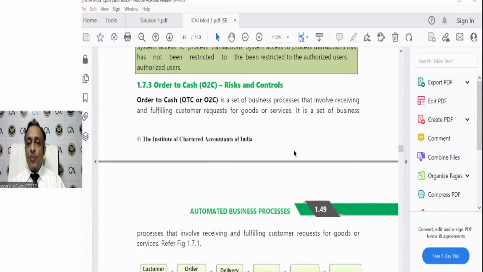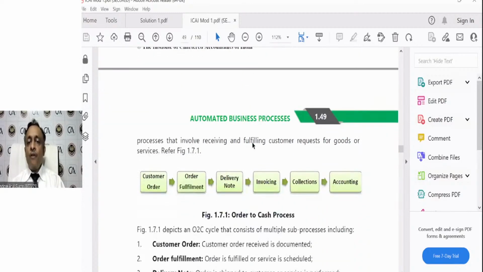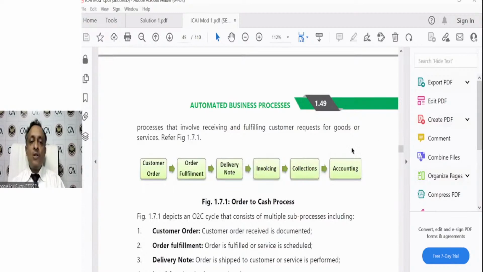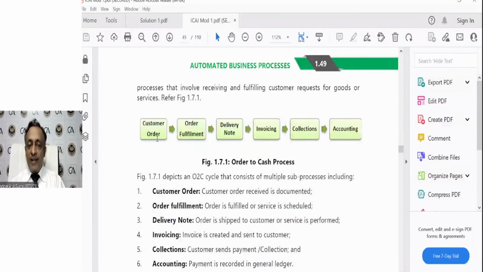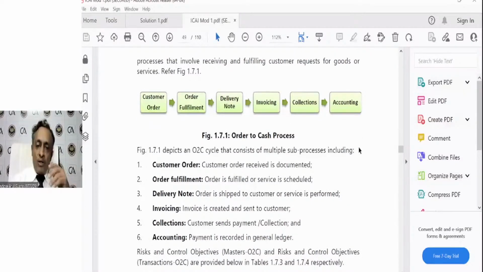O2C is a set of business processes that involve receiving and fulfilling customer requests for goods or services. So you get customer order, order fulfillment, delivery note, invoicing, collection, and accounting. Now, customer order.